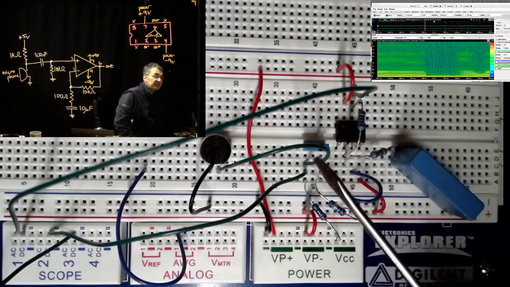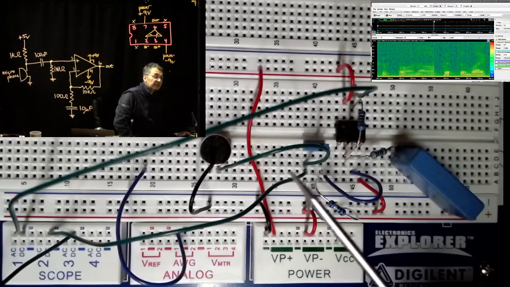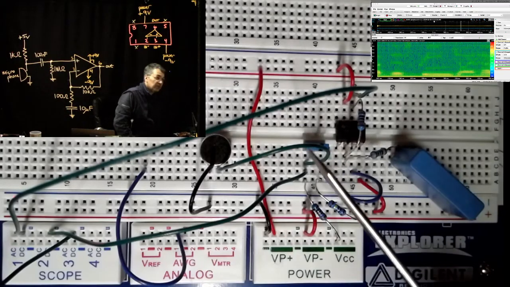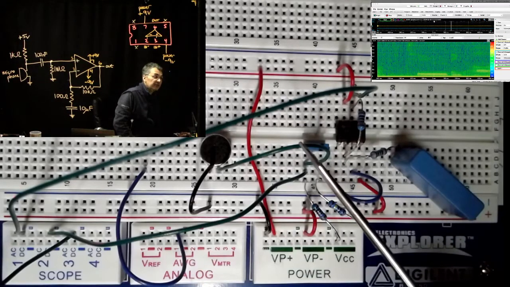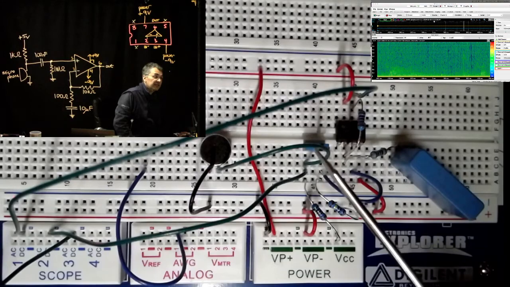And then I wanted things to be easy to see, so I put the microphone off to the left a little bit. I have this green jumper wire going off to the top of the microphone.